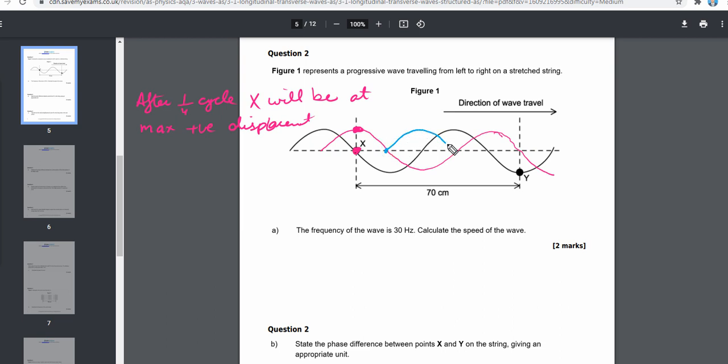It will look like that. Now my wave has moved half a cycle to the right, and point x will be at negative maximum. So I'll write here, after a further half cycle, x will be at negative maximum.